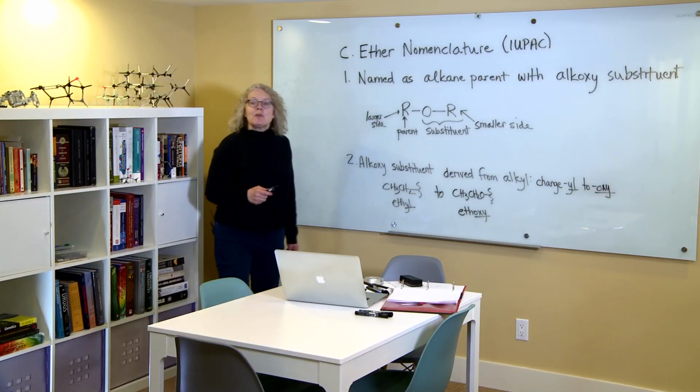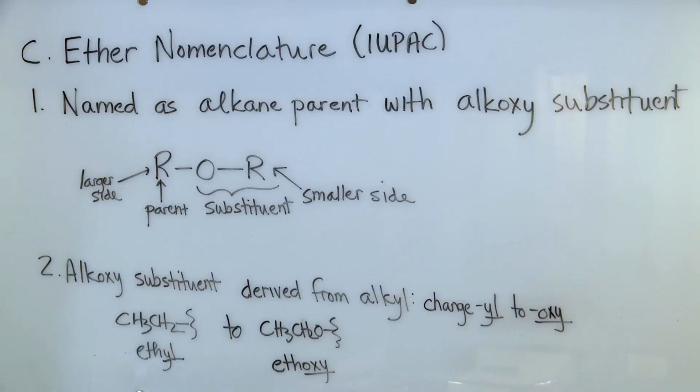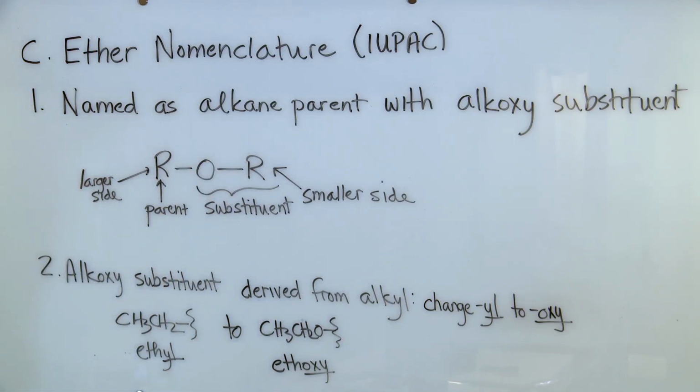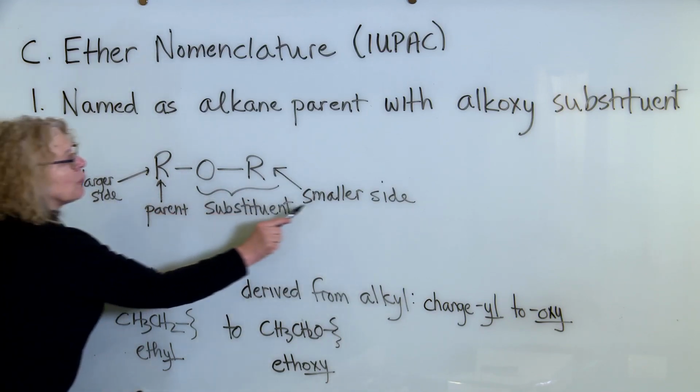The last functional group we cover the nomenclature of is ethers, and we're going to first look at its IUPAC nomenclature. An ether is named as an alkane parent with an alkoxy substituent on it. So an alkoxy substituent is even lower priority than a halo or an alkyl type of group. So you look at your ether, you look at the larger side of the ether and the smaller side.